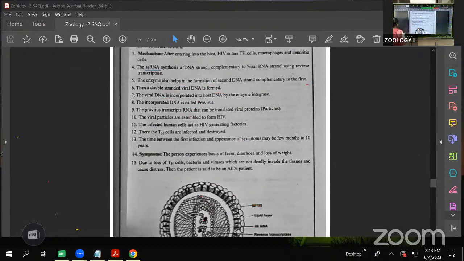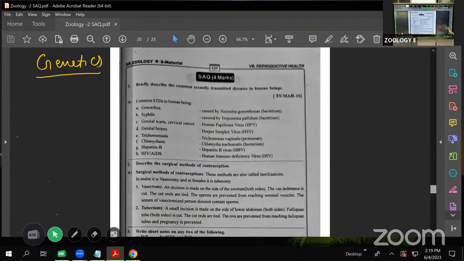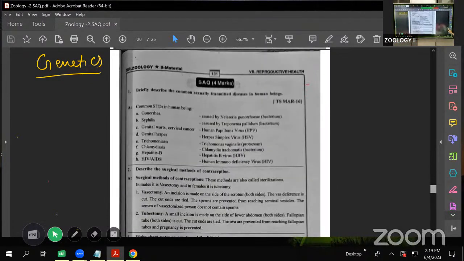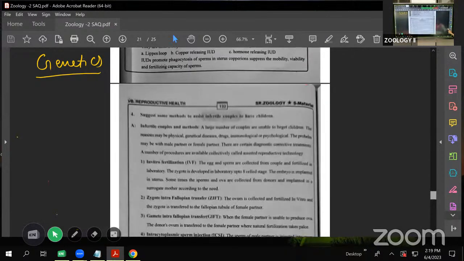In genetics, 4 to 5 SAQs are there, which we will see. Sexually transmitted disease is also important, but according to the weightage, it is not given. That's why I didn't take it.